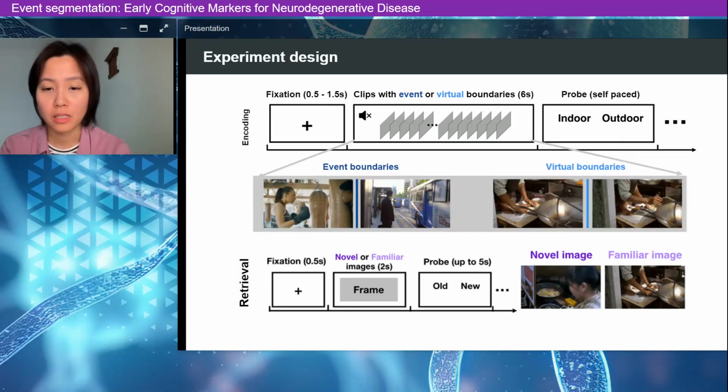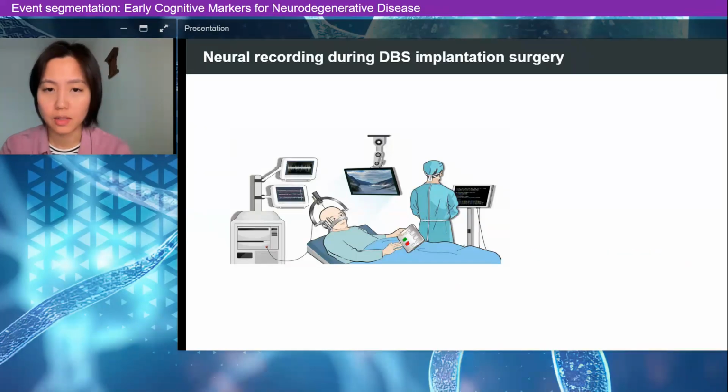Sometimes we extract frames from clips they haven't been shown during the encoding, so those are the novel images. And we are running this task in patients undergoing deep brain stimulator implantation, so it was performed intraoperatively.